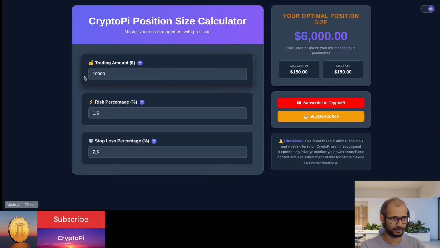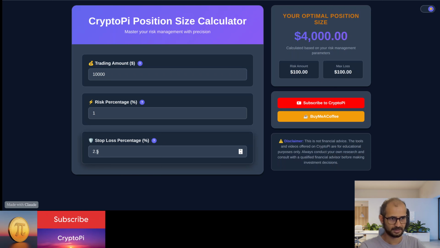So if I have $20,000 in my account, then let's say I use 10,000, and I want to risk 1% of my trading amount. So 1% of my trading amount would come up to $100. That means that if I lose the trade, so when my stop loss is hit, then I will lose $100. Now, depending upon how far my stop loss is, my position size is calculated.